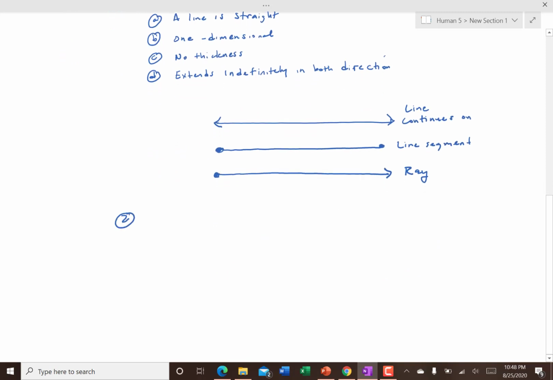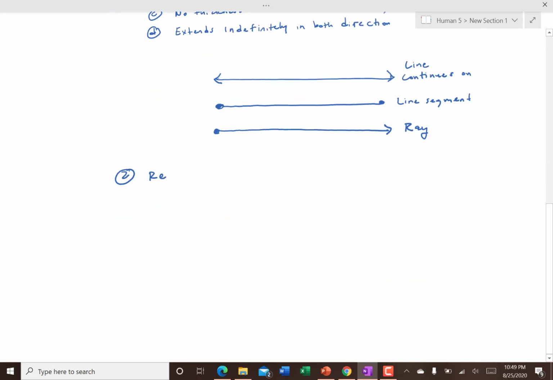Let's look at what the different types of lines in art are, because there's obviously more than just these in terms of math. So you have regular and irregular lines. We're going to look at those first in just a minute.